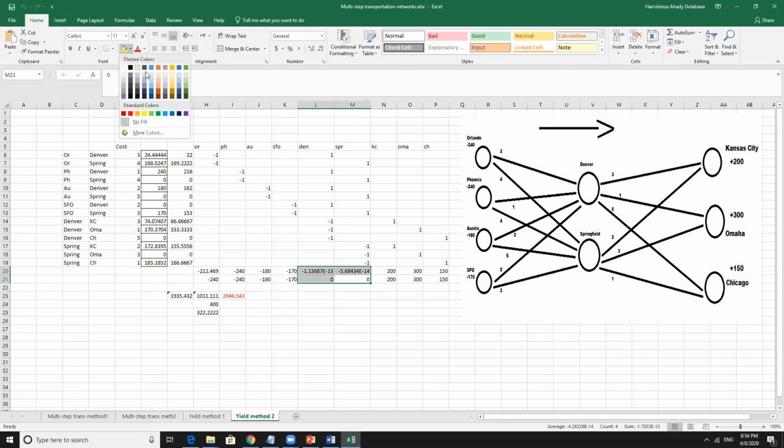Let me make it blue. So, I already told you that a negative sign means inflow from supplier to the warehouse, and positive means from warehouse to the customer.